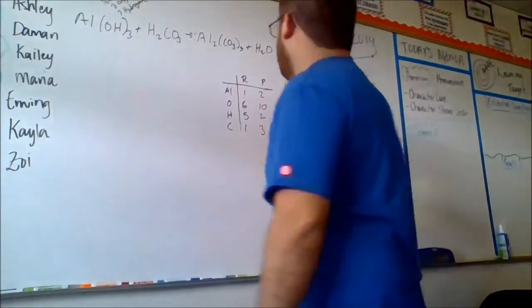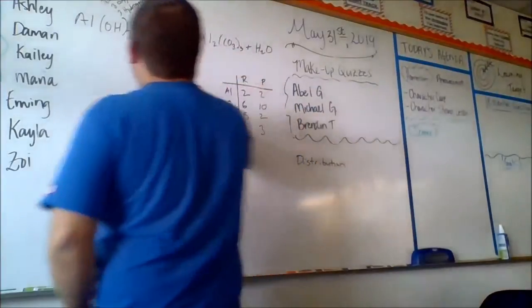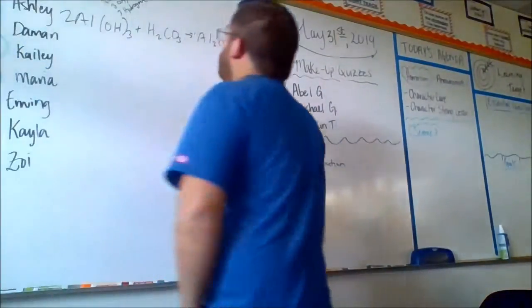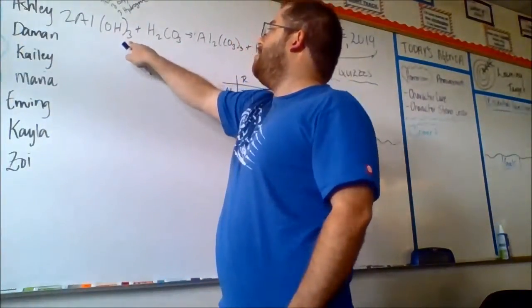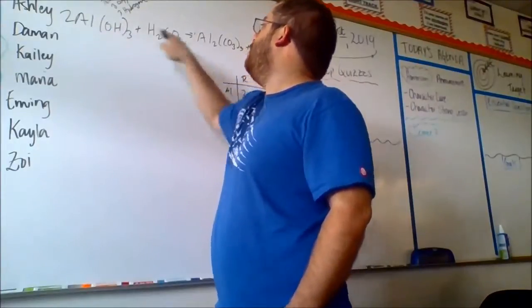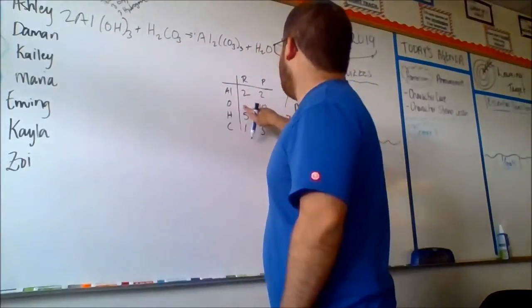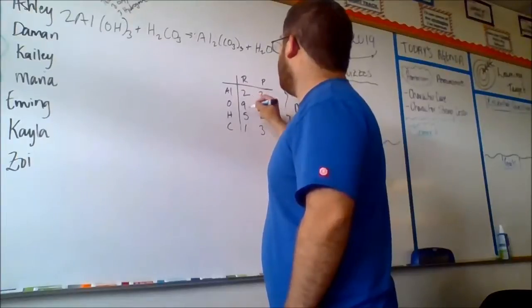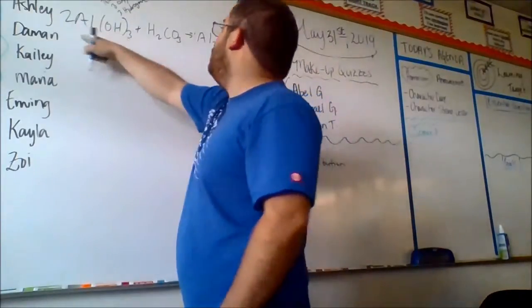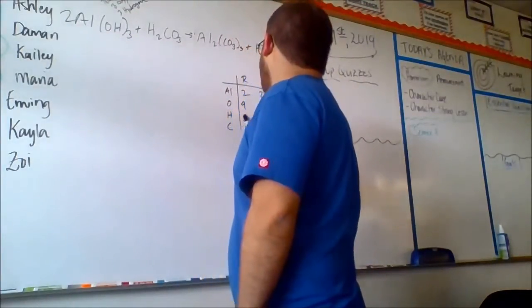Okay, so let's balance aluminum first. That'll be a 2. We'll also be adding oxygen. So we had 3 there times 2, that's 6, plus 3, that's now 9. Hydrogen, 3 times 2, that's 6, plus 2, that's 8.